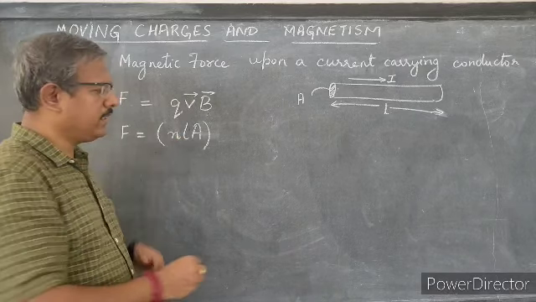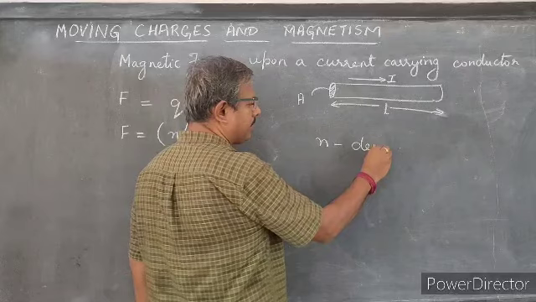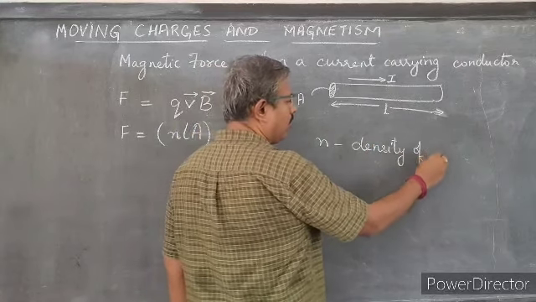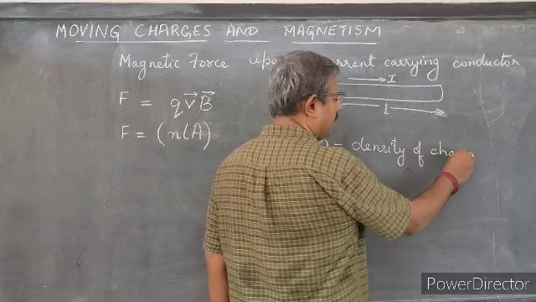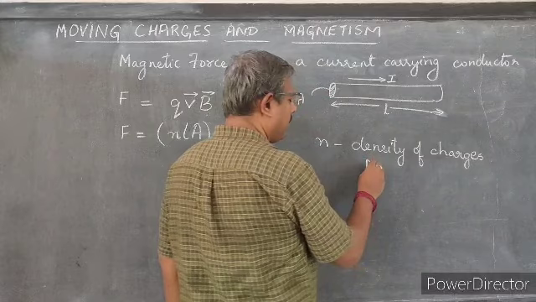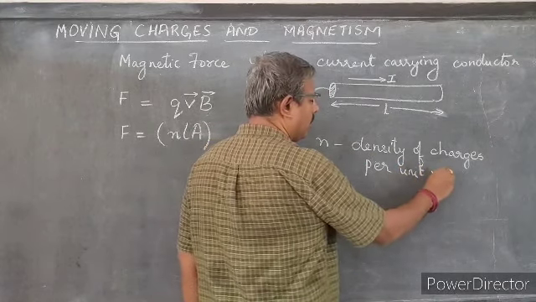So I am assuming N to be the density of charges per unit volume.